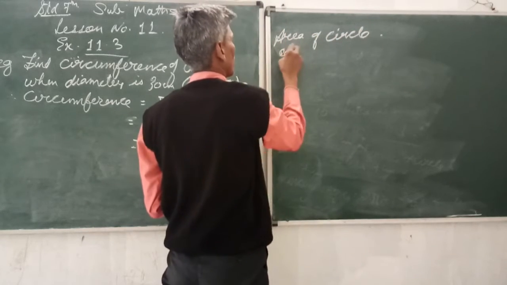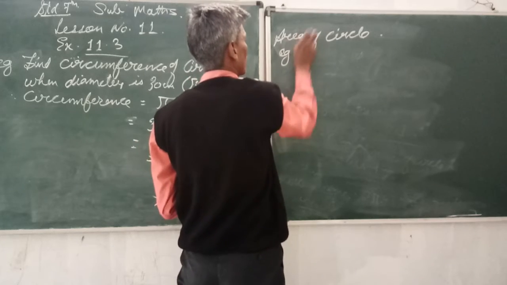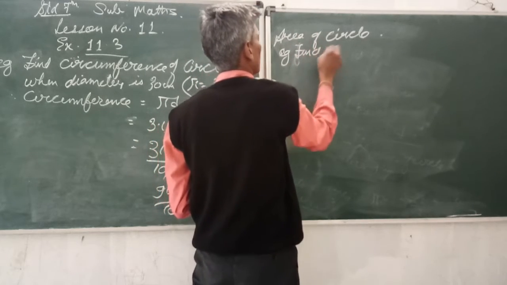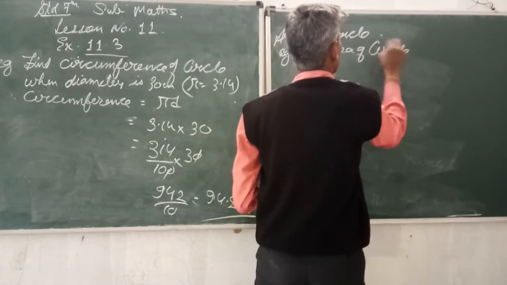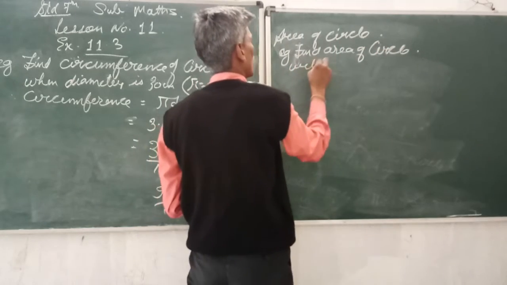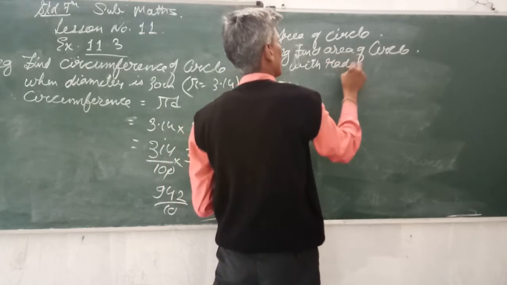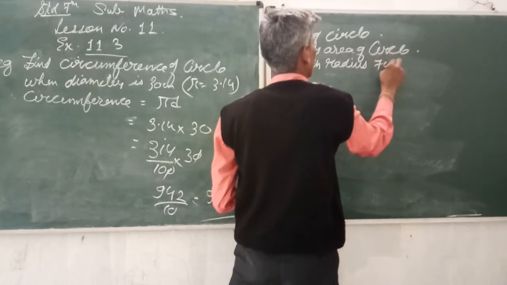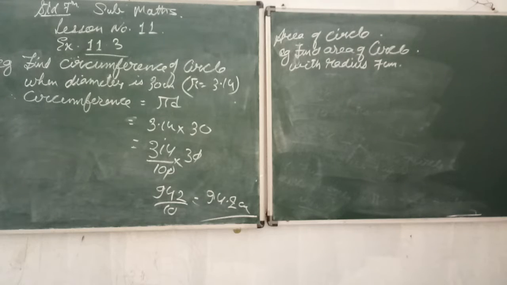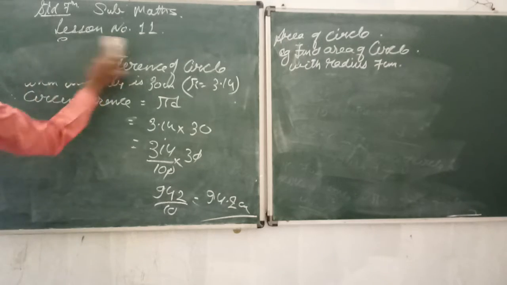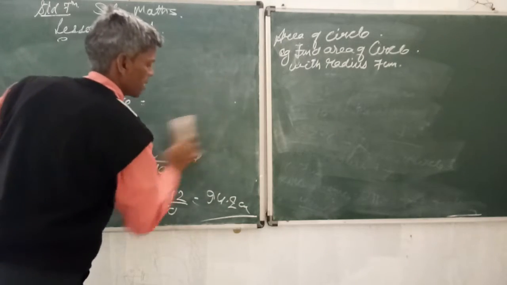I am explaining now the area of a circle. Example: find the area of a circle with radius 7 centimeter. Before explaining this, I will explain what is the area of a circle.